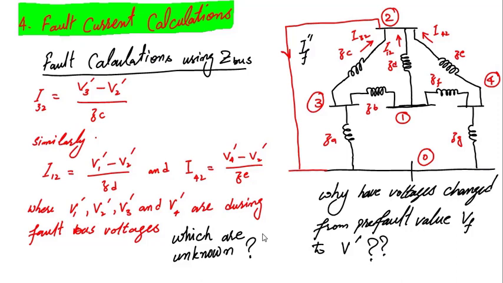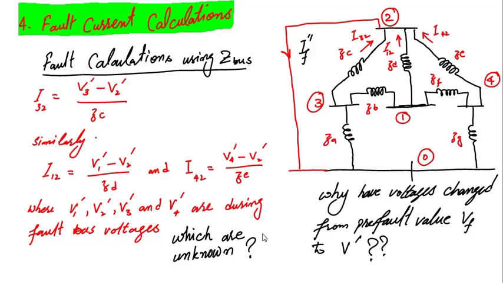So in other words, I can say that this change is due to this current IF. Simply, the change in voltages on all 4 buses is due to a current injection into bus number 2, and the amount of that current injection is minus IF double dash.